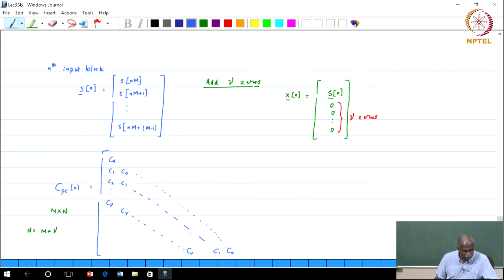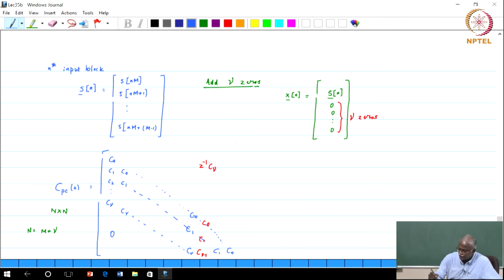Okay. So, basically look at the column which has got C nu at the bottom, that will have C1 here and C0 here. The one immediately after that is the column of interest. This will be C nu minus 1, this will be C1, this will be C0, and this is where the pseudo circulant will show up. This will be Z inverse times C nu. Okay. Then after that, of course, these are all zero valued entries, there are lots of zeros here. Okay.